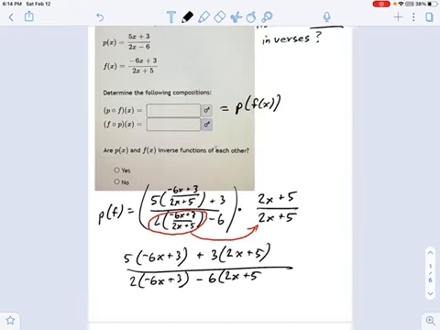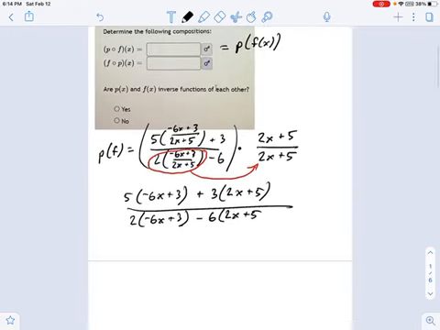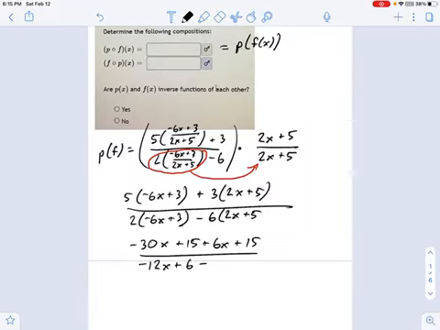All right, cool. So this isn't so bad. I can simplify this by just breaking open those parentheses. 5 times negative 6 is negative 30, plus my 15, plus 6x over here, plus another 15, divided by what looks like negative 12x plus 6 minus 12 more x plus 30.